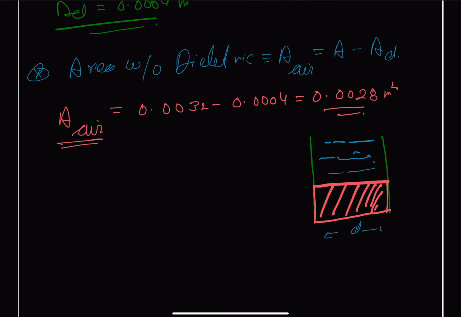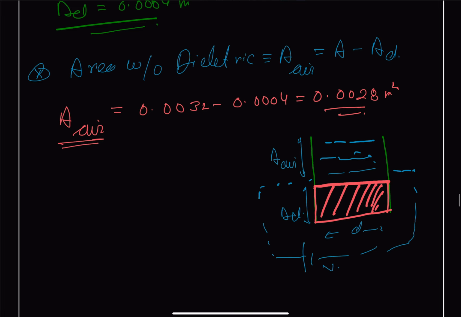So this is our A D and this is our A air, and they are connected with a voltage source of V. And let us call this capacitance C air, and this C dielectric.